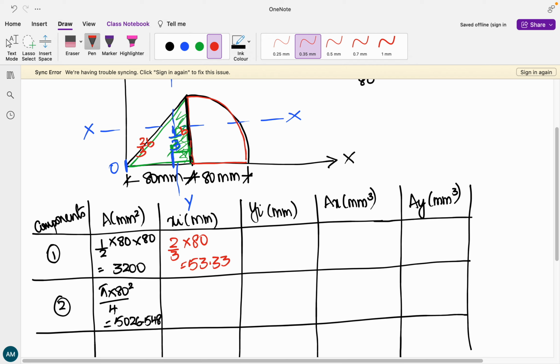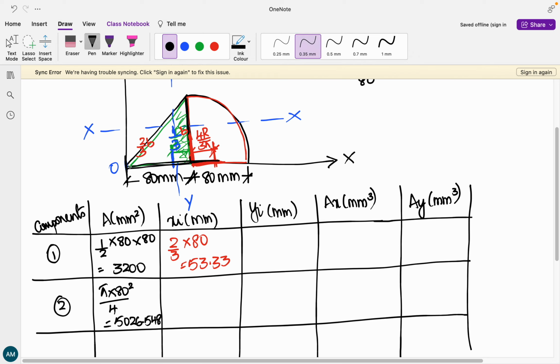Next, if you remember from the previous classes, the centroid for a quarter of a circle, from the point where it has a right angle, is 4r divided by 3 pi. But where are we calculating from?